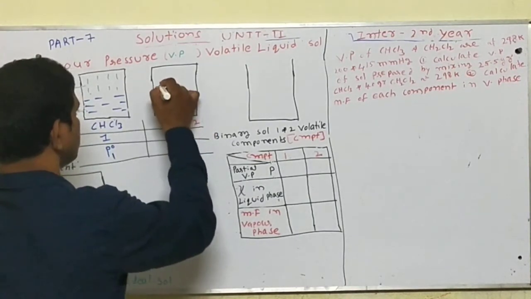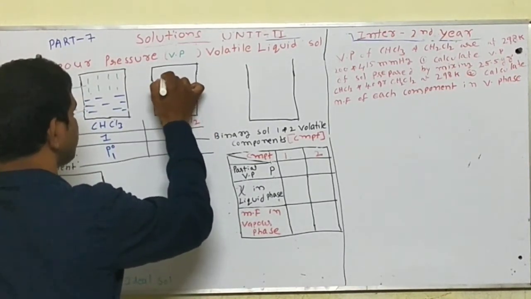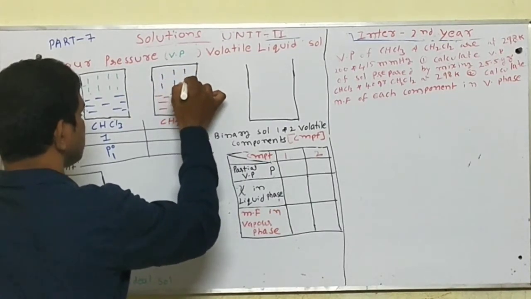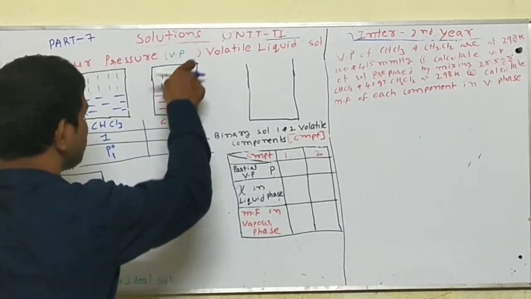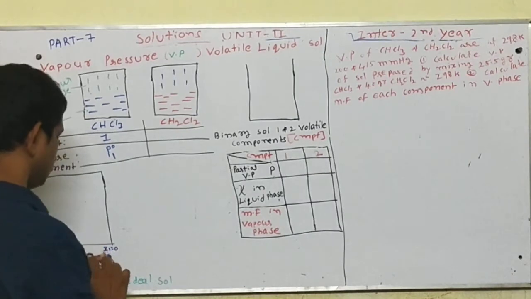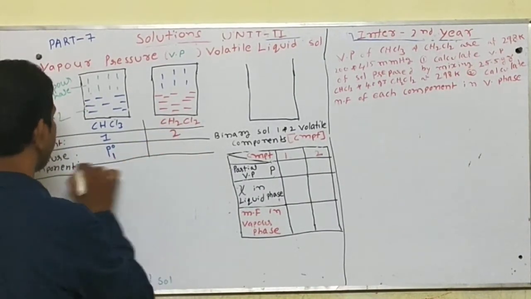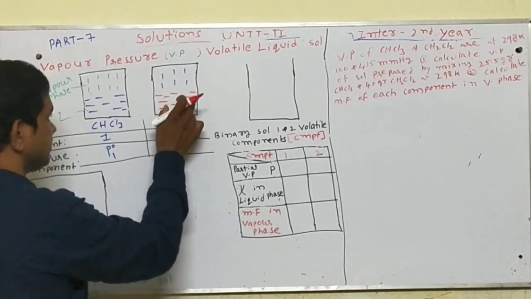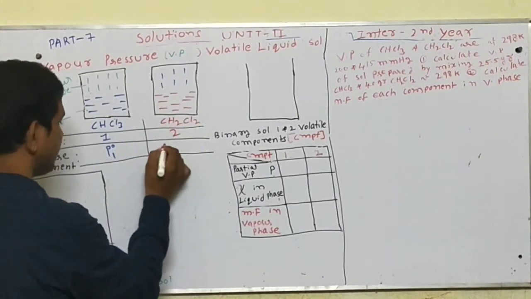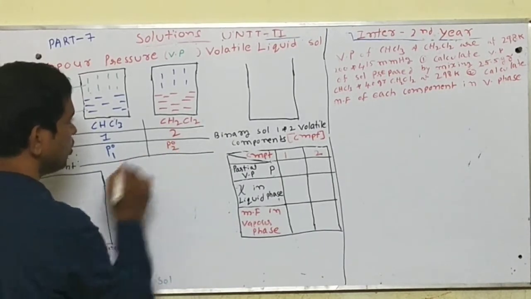In the same way, this also after some time forms vapors. These vapors also exert pressure on this liquid phase, and this is denoted as component 2, and the vapor pressure exerted by the second component is denoted as P02.